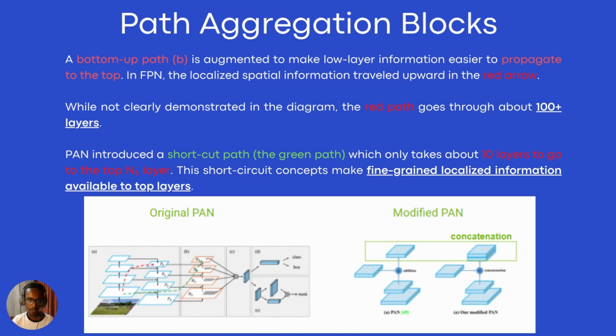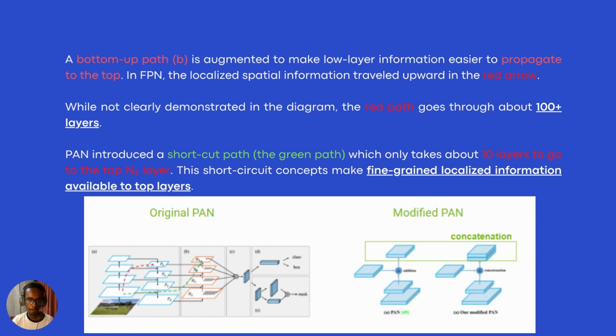On the original path aggregation network, they used element-wise addition. But on the modified path aggregation network for YOLOv4, they used a concatenation operation.